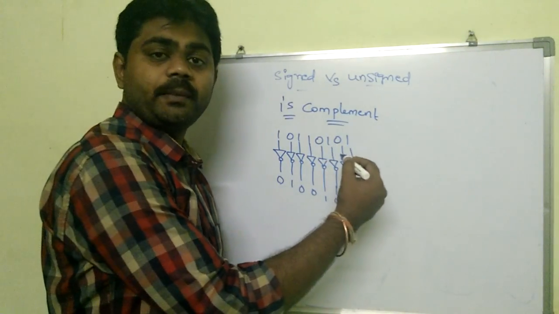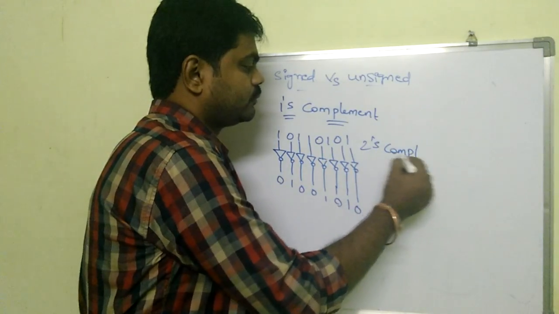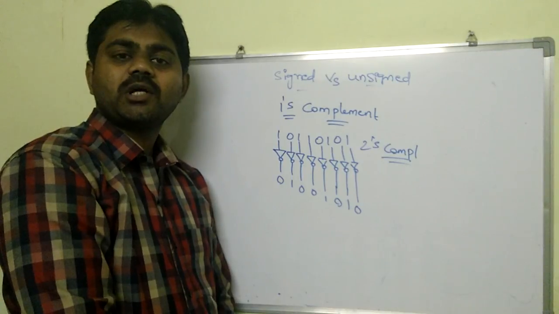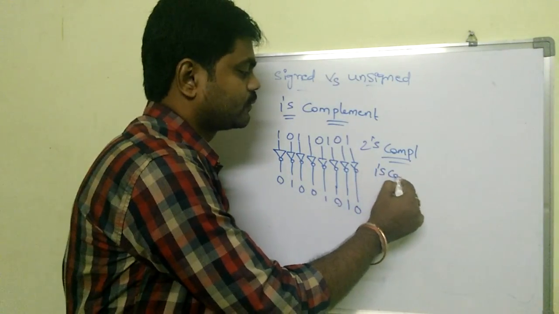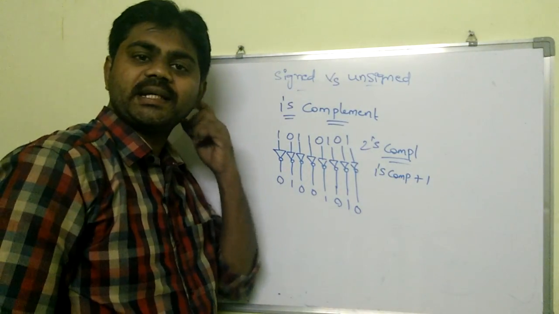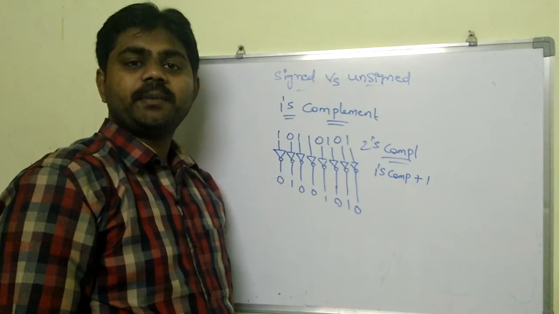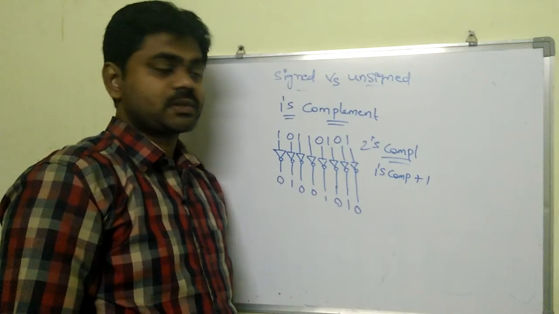So coming to 2's complement number. 2's complement number is 1's complement plus 1. So both 1's complement as well as 2's complement are applied for negative numbers.